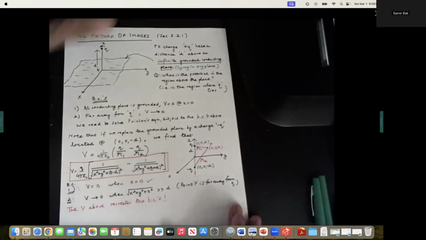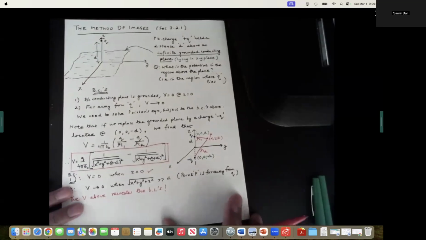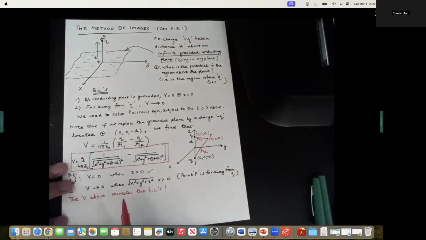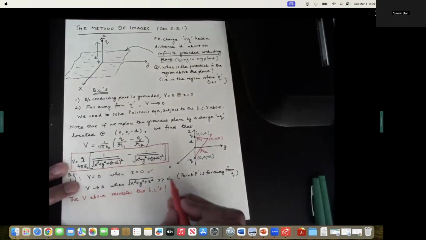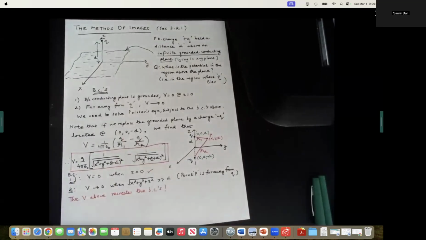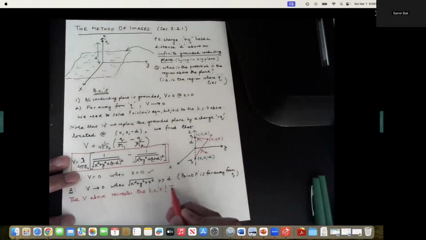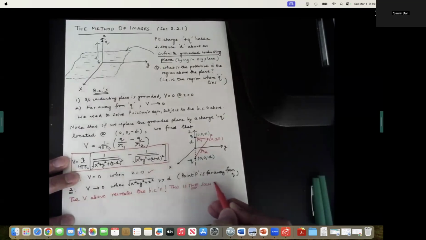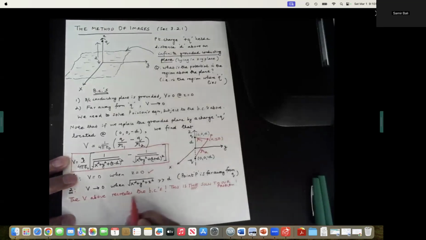Okay, so the V that I wrote here recreates the boundary conditions for the original problem. So this is the solution to our problem.